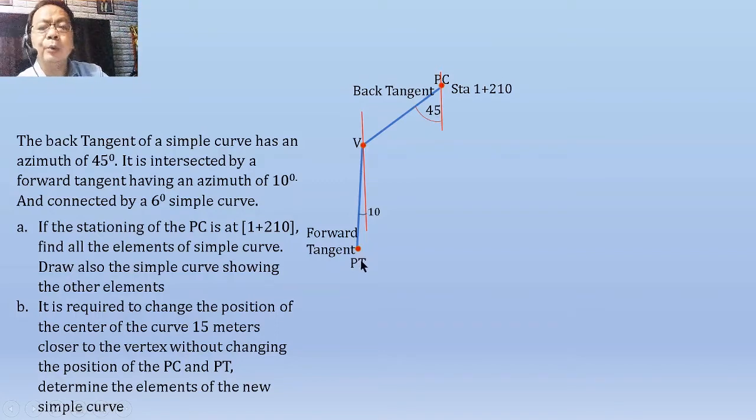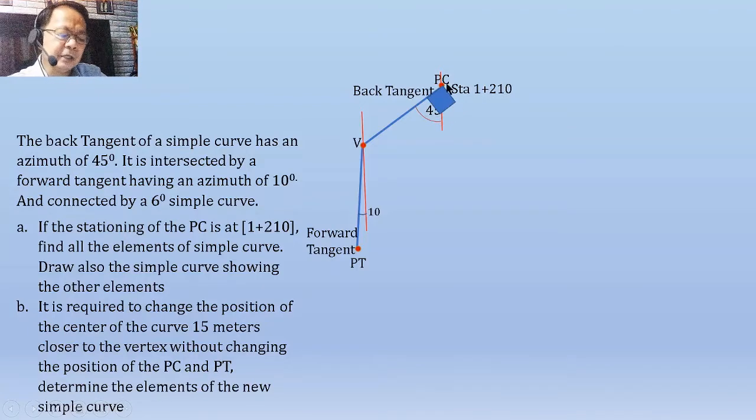Now, how are we going to show here our curvature? So the curvature will be drawn by establishing first our center, which can be drawn by drawing a perpendicular line through the PC. A line that is perpendicular to the back tangent through the PC. So ipakita natin ito. So that would establish our perpendicular line.